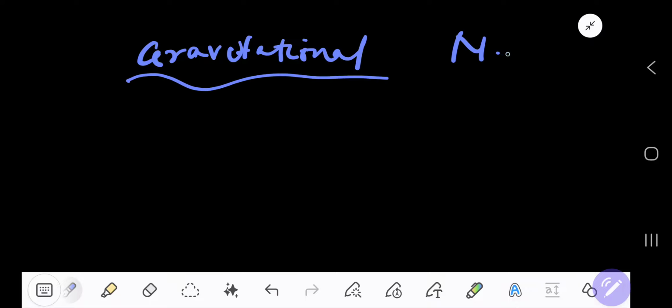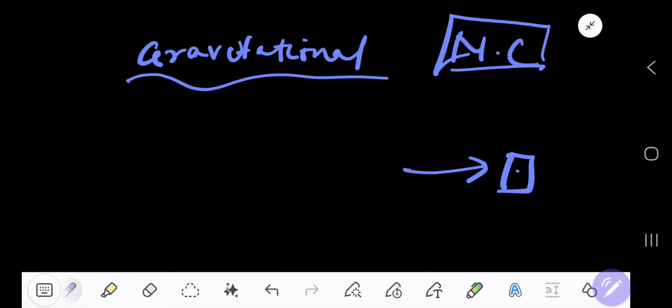Of course, there are many more which I have not covered, but I'm not going to go into detail on contact and non-contact forces. They're just important. Some of the non-contact forces are gravitational force. These are the non-contact forces, so they do not require contact with the body to exert force.